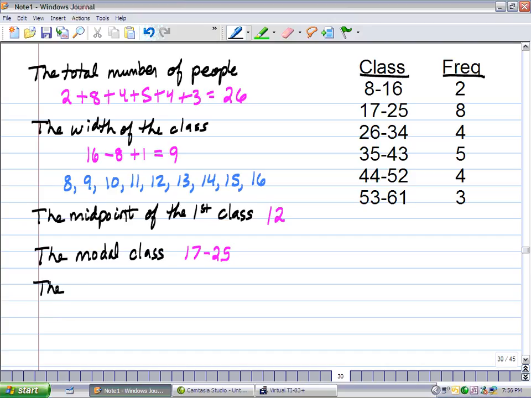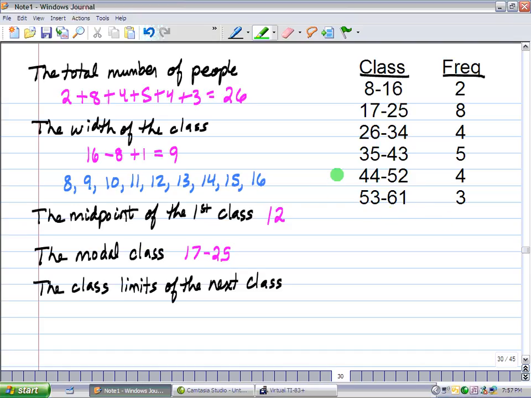The class limits of the next class, if there were to be a next class. Well, notice I was adding 8 each time because that's the jumps. Now there's 9 in each class.